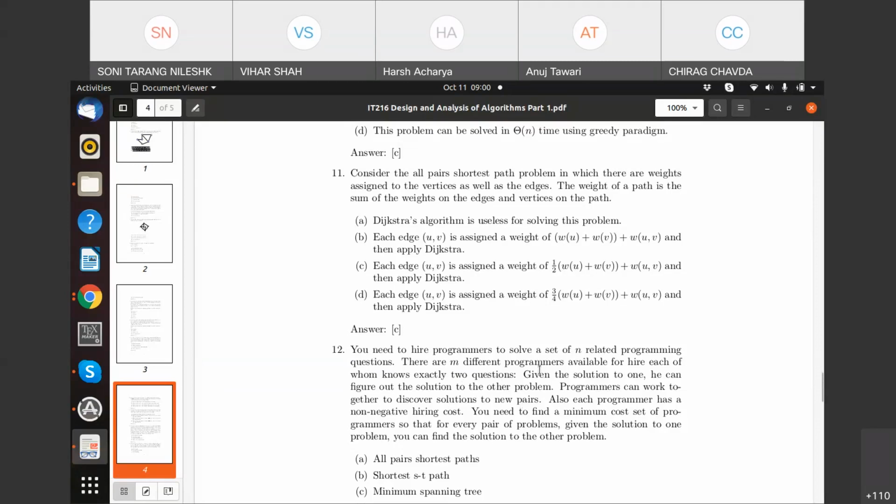If one guy knows the solution to A, he can figure out B, and another guy, given B, can figure out C, then together, given A, you can also find C. Each programmer has a non-negative hiring cost, and you need to find a minimum cost set of programmers so that for every pair of problems, given the solution to one problem, you can find the solution to the other.